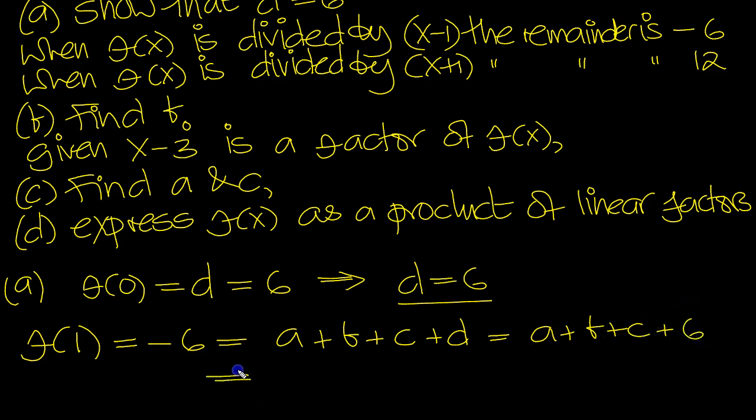So that tells us then that a plus b plus c, move the 6 over to minus 6, and there's already a minus 6 there, so that's minus 12.